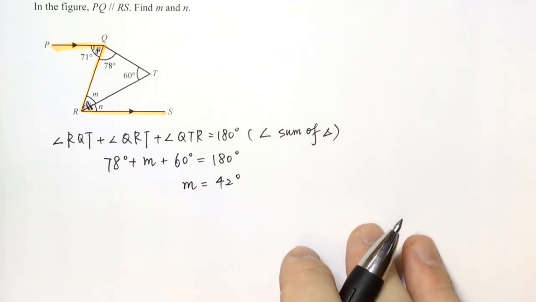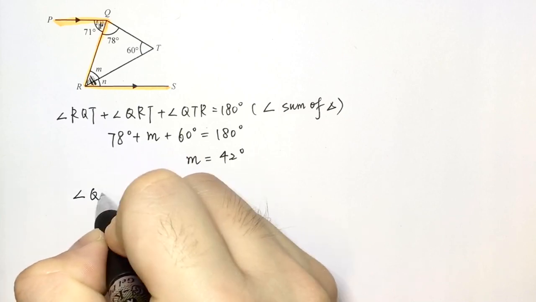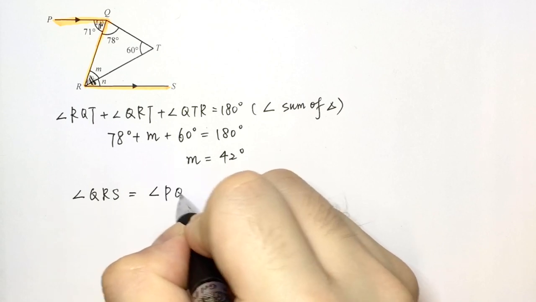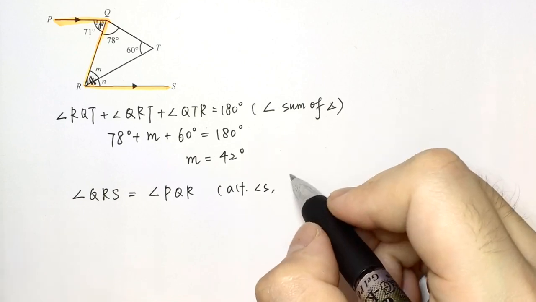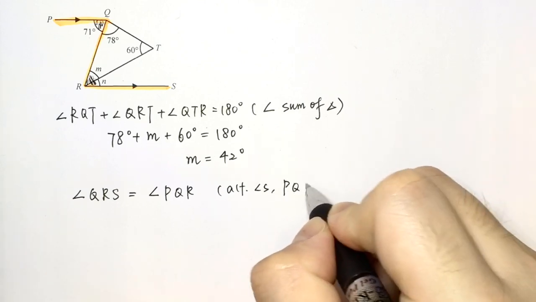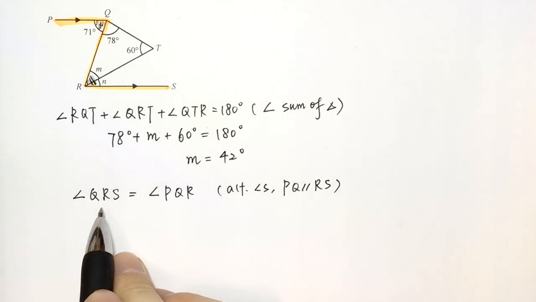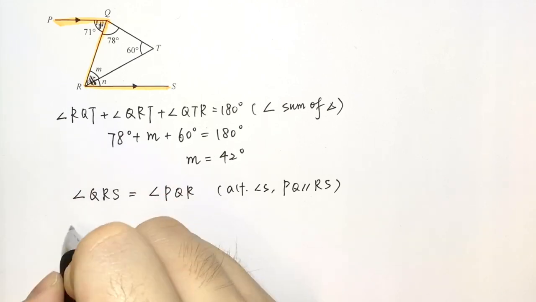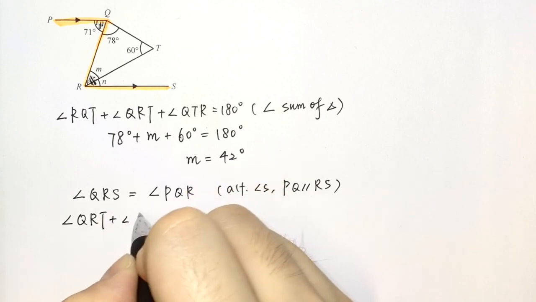Now, for N, we know that angle QRS is actually angle PQR with reference alternate angles, PQ parallel RS. Okay? And this angle QRS is formed by two smaller angles. So we separate them by writing angle QRT plus angle SRT.